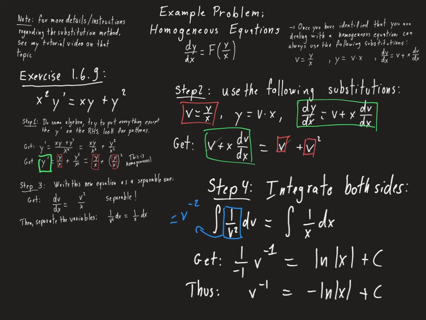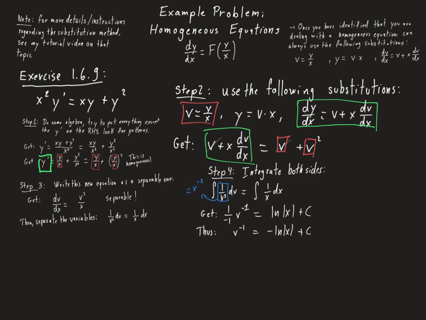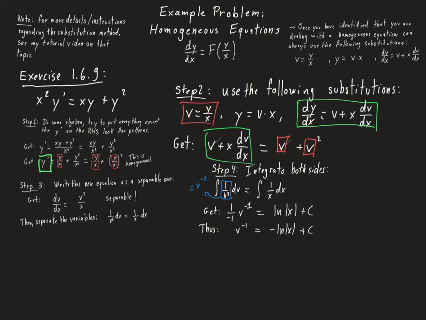Okay, we are done with the integrating. In fact, we have, for all intents and purposes, solved that new differential equation. So as usual, there is only one step left to perform, which is the final one, step 5: substitute back.